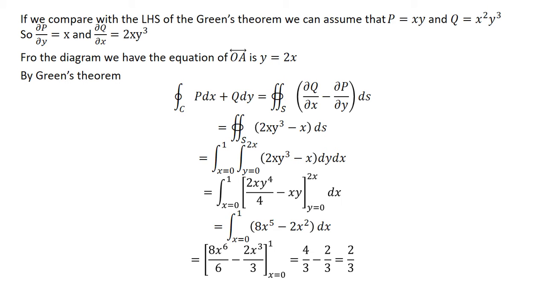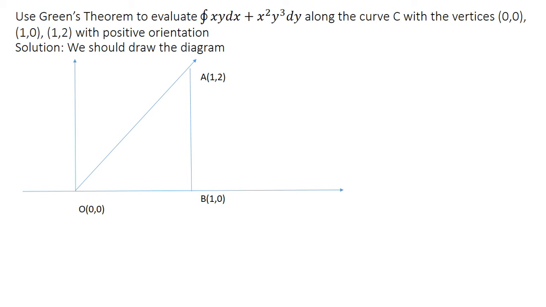Look at the problem again, integration xy dx plus x square y cube dy. That problem can be solved using Green's theorem, which converts this problem into double integration, but this problem can also be solved without applying Green's theorem.